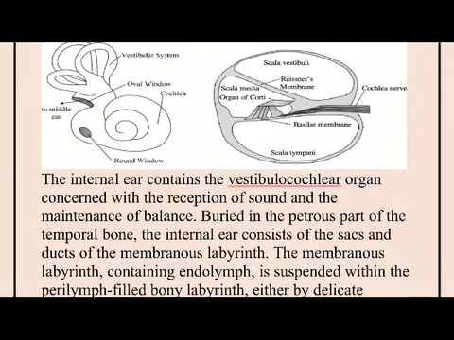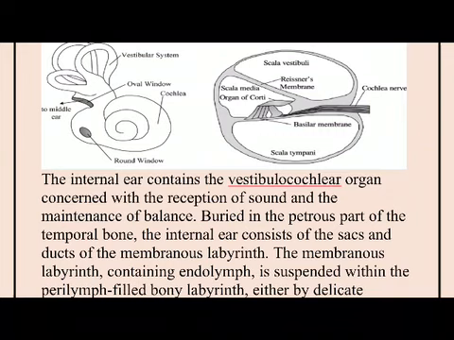The internal ear consists of sacs and ducts of the membranous labyrinth. They are all illustrated right there. The membranous labyrinth contains endolymph, and the membranous labyrinth is suspended within the perilymph filled bony labyrinth.